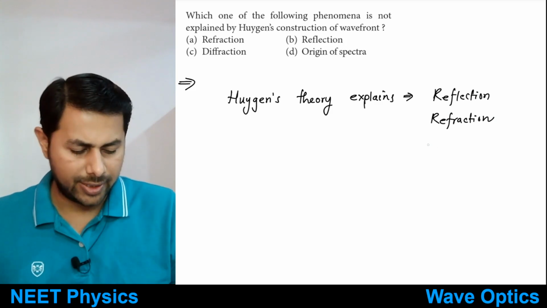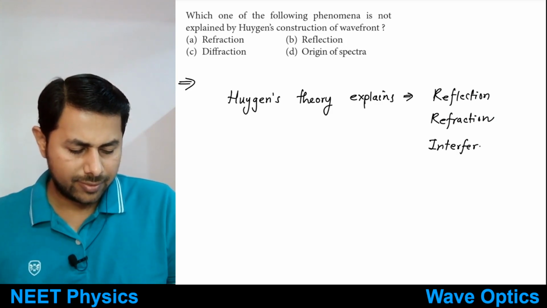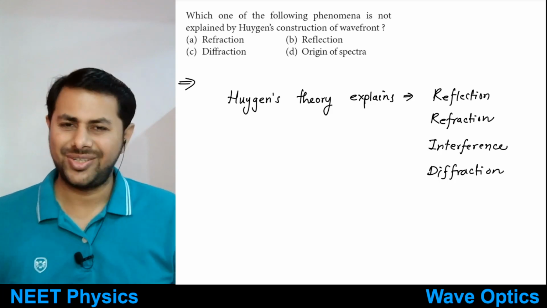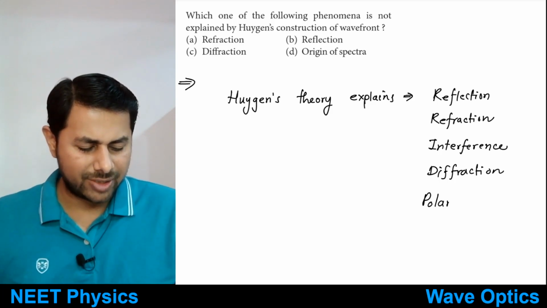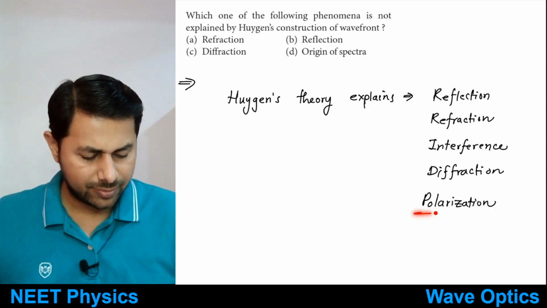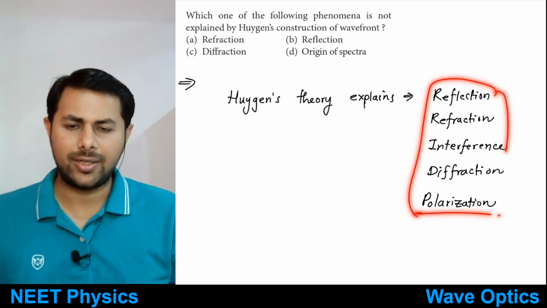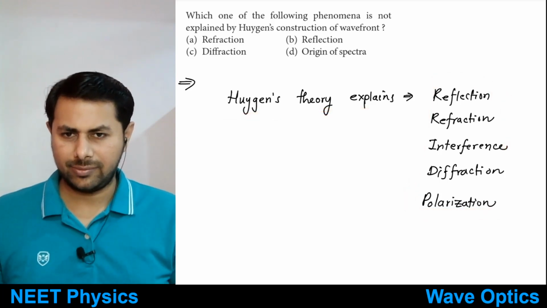Okay, then next is interference, diffraction, or diffraction, I don't know what do you call it. Okay, diffraction. Then there is one more thing called polarization. So whatever phenomenon are related with wave nature of light could be explained by Huygens theory.